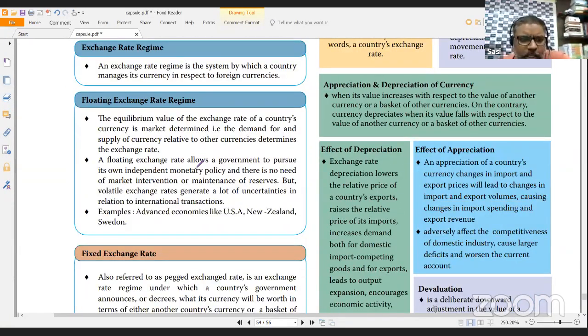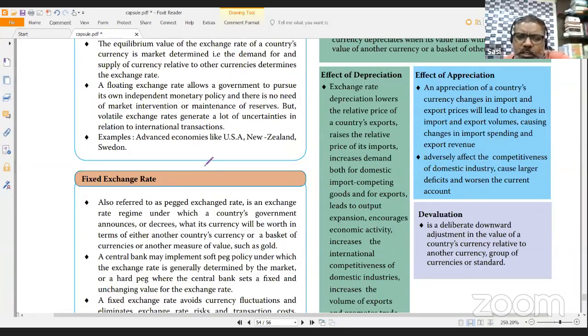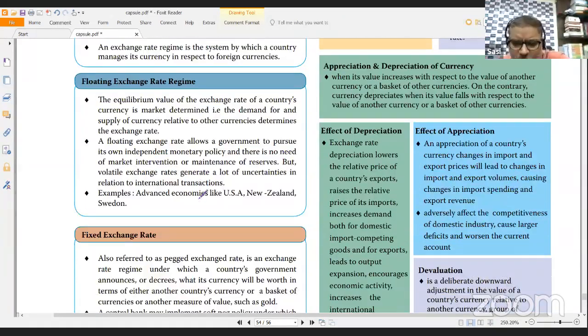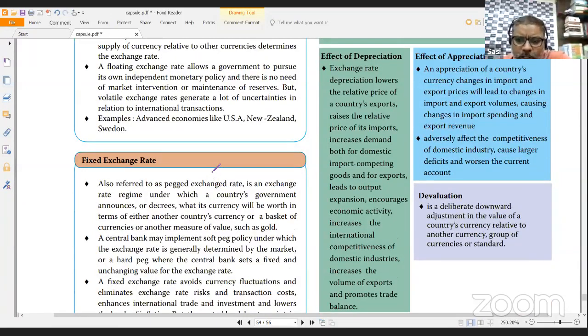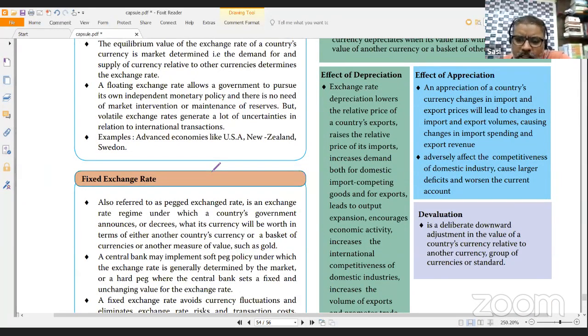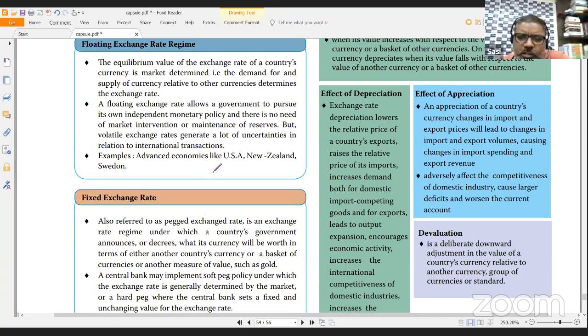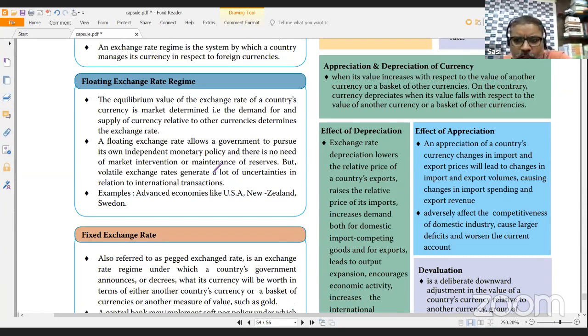At a broader level, what we have to understand is that appreciation of the domestic currency is going to cost the country in the form of lesser exports and more imports. When appreciation of the currency happens, that is not always good. It may look good, but it is not always good. When depreciation of the currency happens, our exports become more attractive and exports increase.